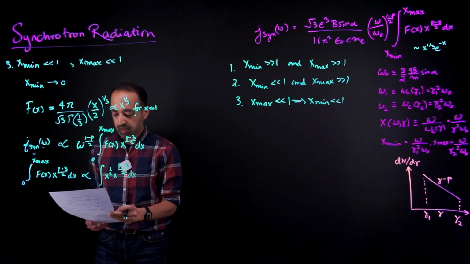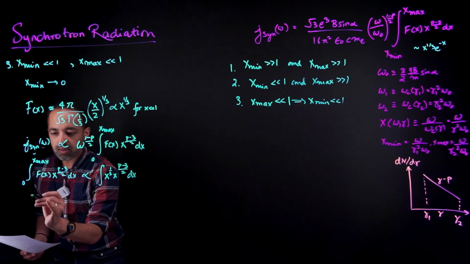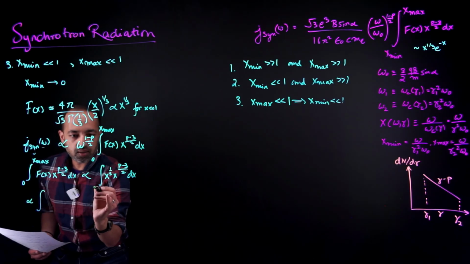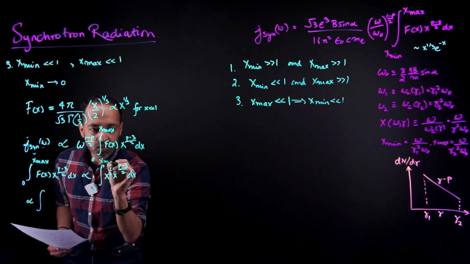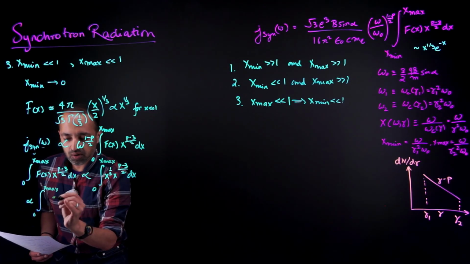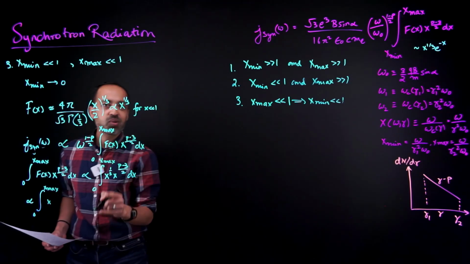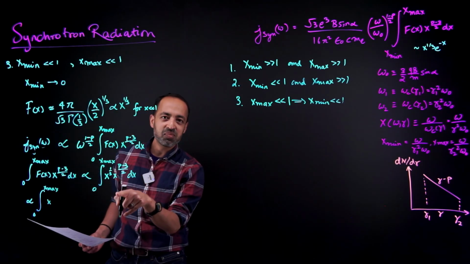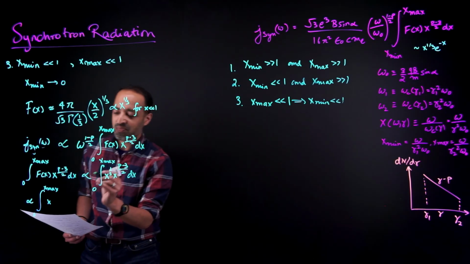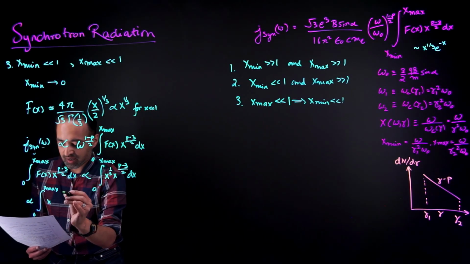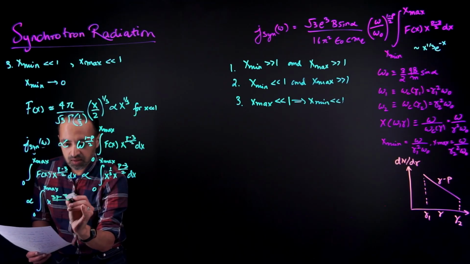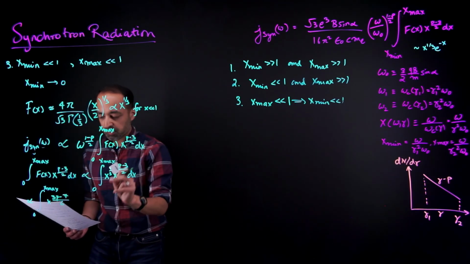And now we can collect the powers of x, and so that is proportional to the integral. Always put limits from 0 to x max of, I will let you collect these terms, these power law indices, and when you do that, you will get x to the power of 3p minus 7 over 6. And that's just a sum.